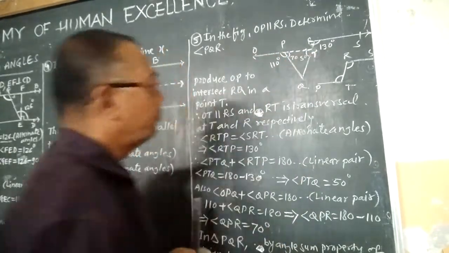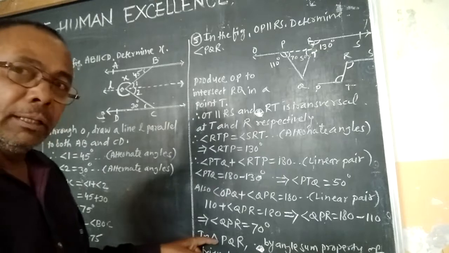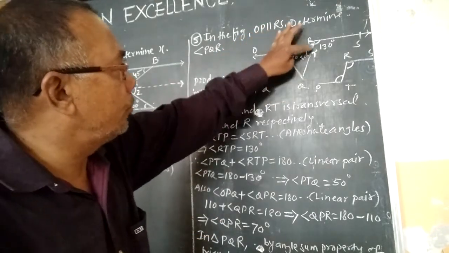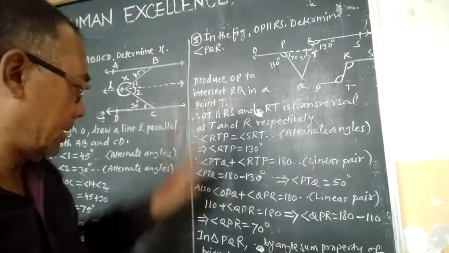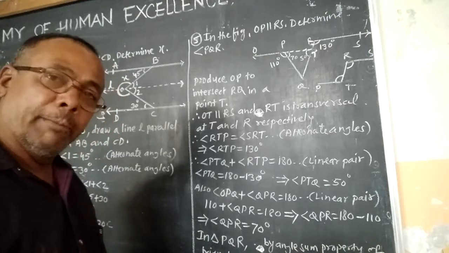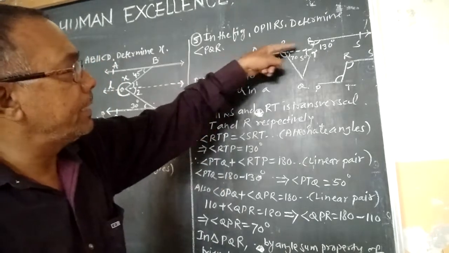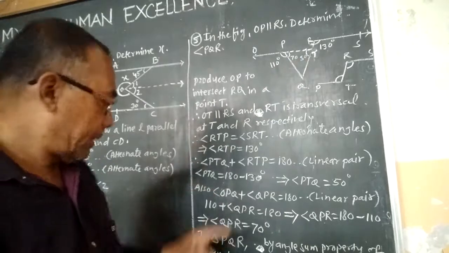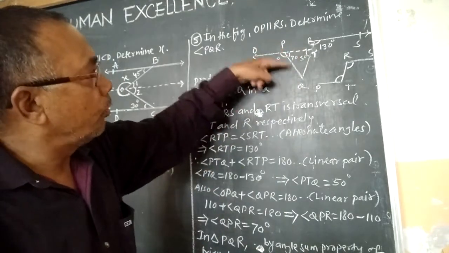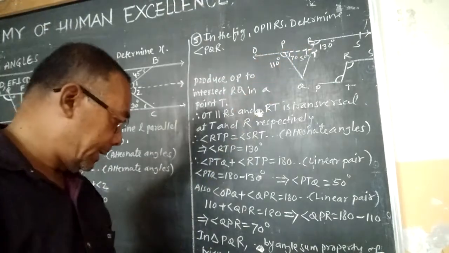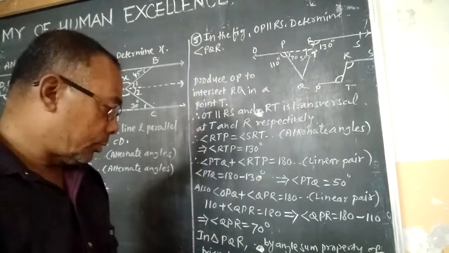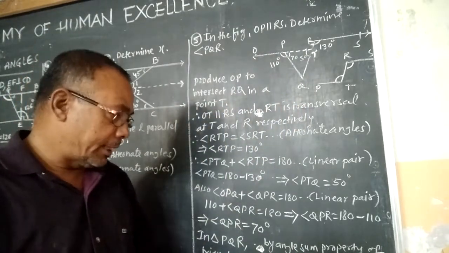And now if we apply the angle sum property of a triangle in triangle PQT, by the angle sum property of a triangle, angle PTQ, which is 50, plus angle QPR, which is 70, plus angle PQT. We don't know the value of PQT, so write PQT as it is, that is equal to 180.